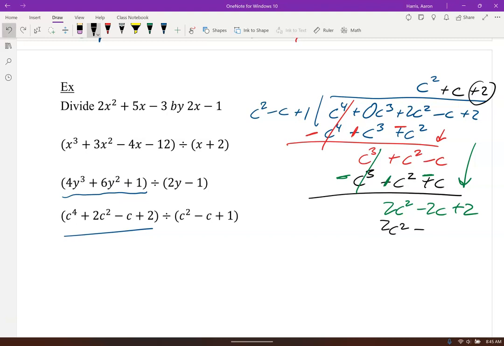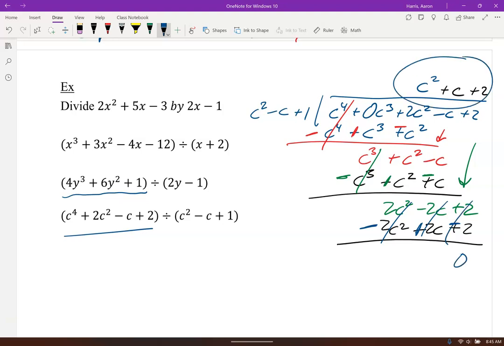And finally, 2 times 1 is a positive 2. And don't forget, you've got to change those signs. Change, change, change. Gone. Negative 2c plus 2c gone. 2 minus 2 gone. So there's no remainder. So our answer is just the quotient: c squared plus c plus 2 is the answer here.